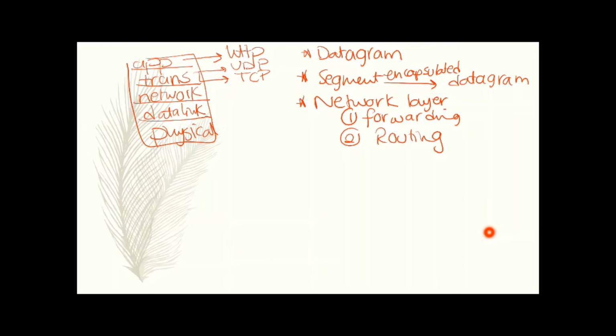Routing, on the other hand, is the whole path. For example, if A is sending a packet to D through B and then C, A sends to B, B sends to C, and C sends to D. Forwarding is A sending to B, or B to C, or C to D, one hop at a time. But routing is all about the whole path from A till D.